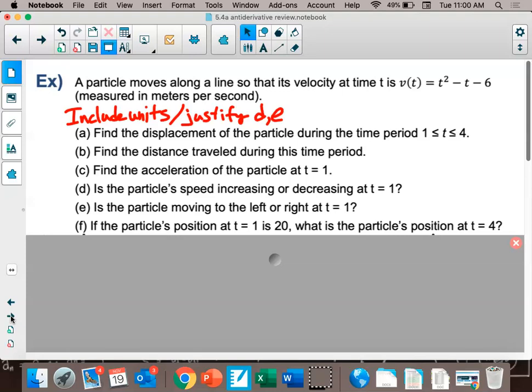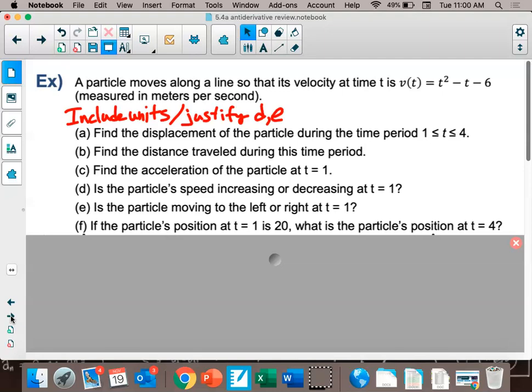Look at your graph at time 1. Is your velocity positive or negative? Negative. It's below the x-axis, right? And we already found the acceleration is positive, right? You just found it.